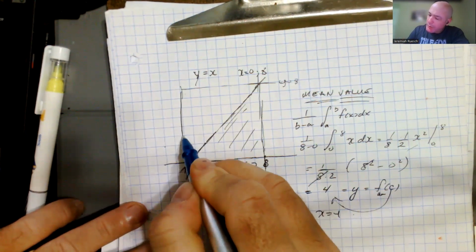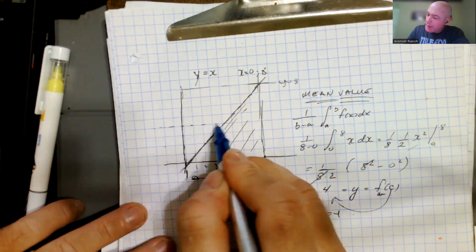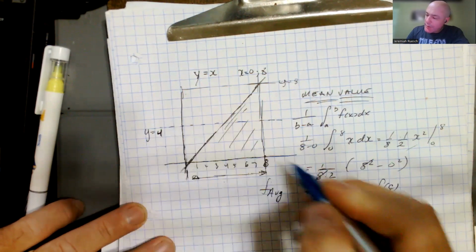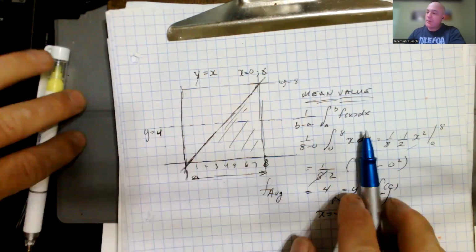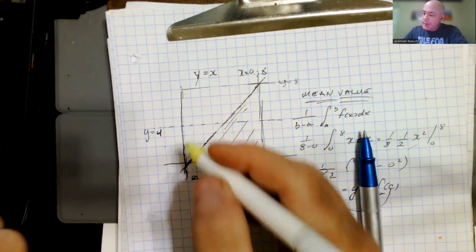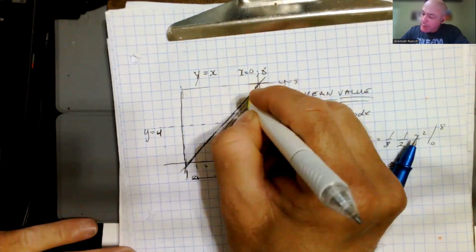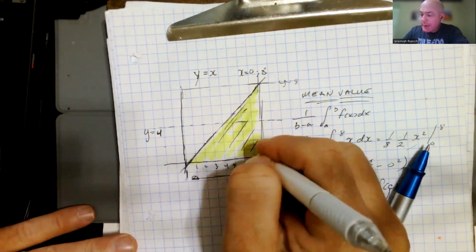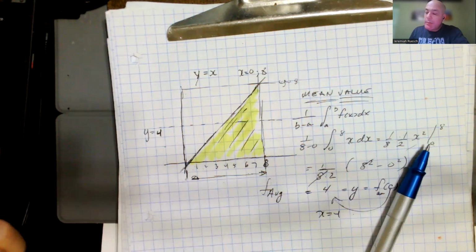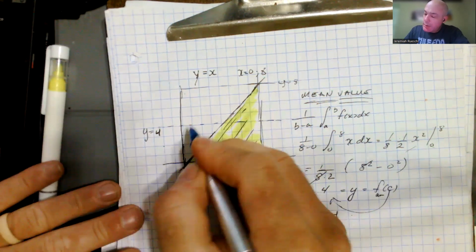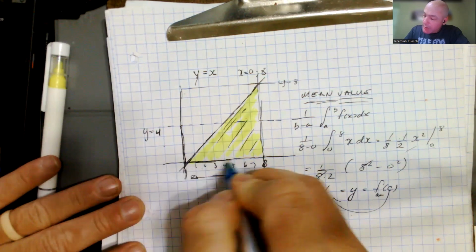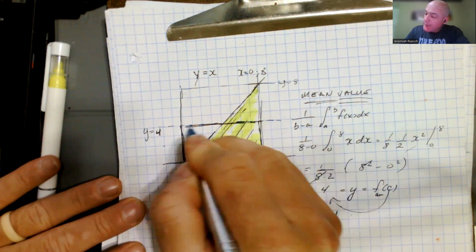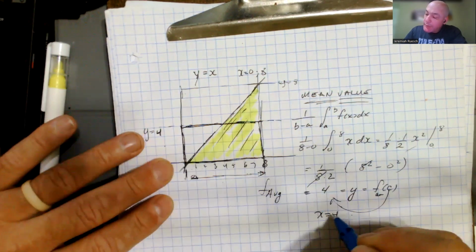So if we come up here, 1, 2, 3, 4, and I draw a line here at y equals 4, what this is saying is that the area under this curve, this region that's highlighted here in yellow, that bounded area is equal to the corresponding rectangle at this height of y equals 4.